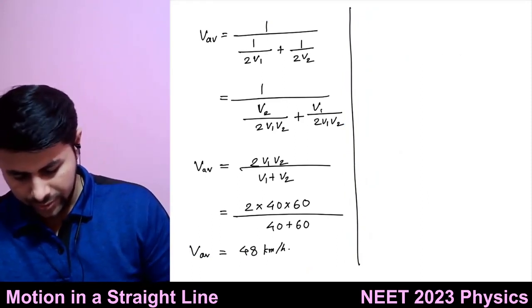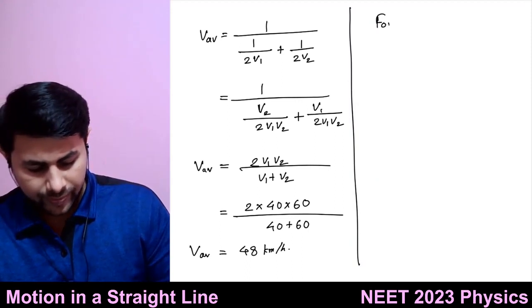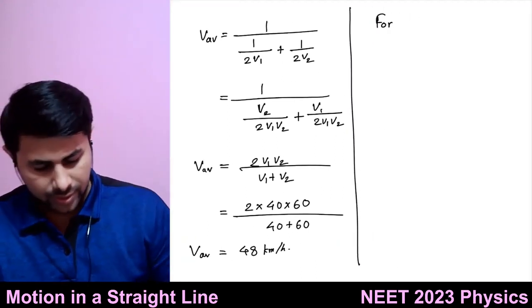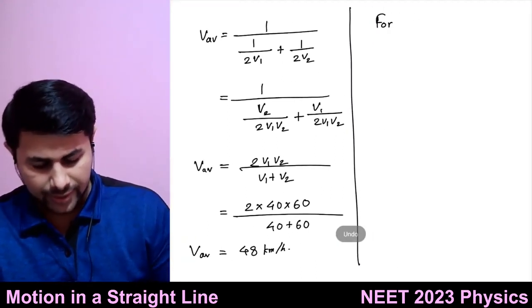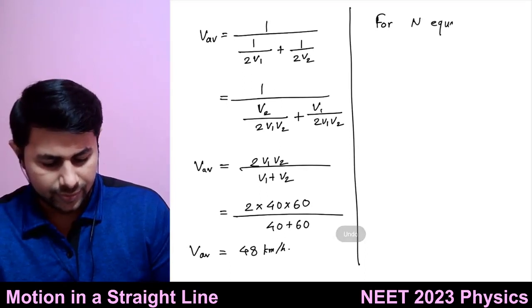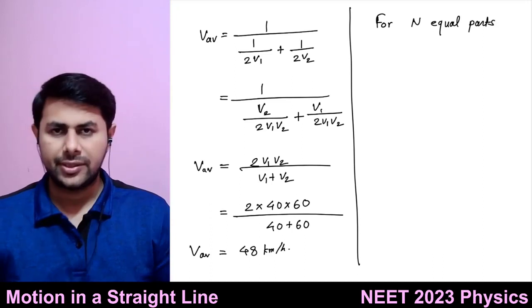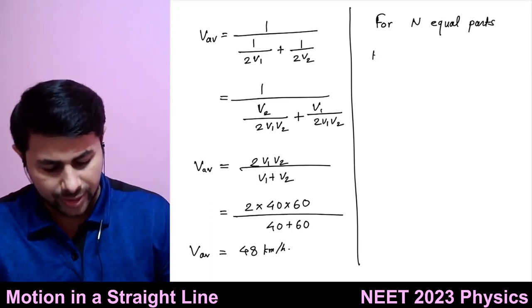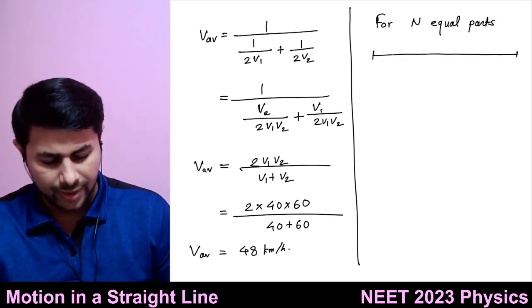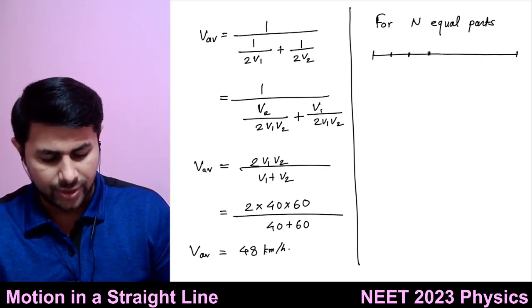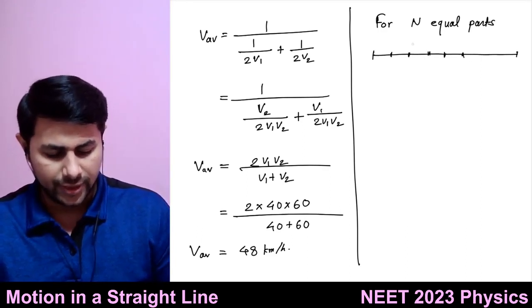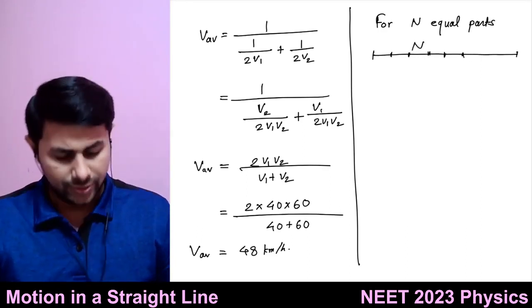So for n equal parts. That means the total distance is divided into n parts. 1, 2, 3, 4, 5, 6. Okay, n parts. What will you do?